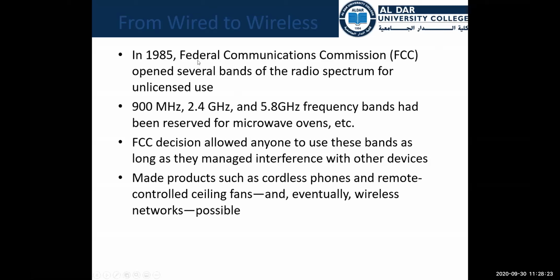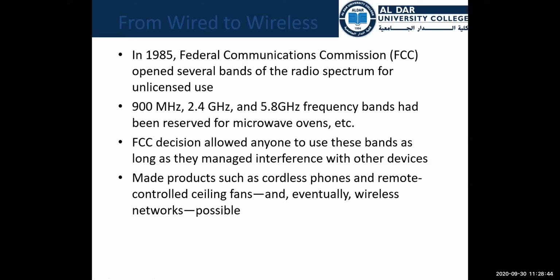But after this decision, this is a very important date in the wireless communication history, 1985, because the FCC released some free bands. Any factory can use these free bands.